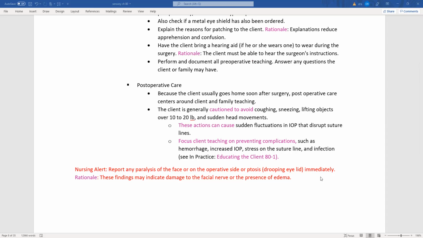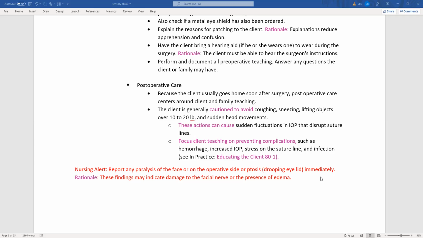Leave dressing in place. Do not use medications until you see the surgeon. Bring your eye meds to that appointment. If a metal shield is prescribed, wear it while sleeping or napping. You have to do that for up to like 4 weeks. We're trying to prevent accidentally bumping or touching the eye.